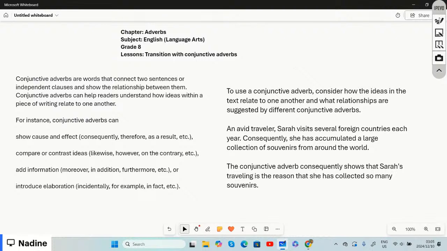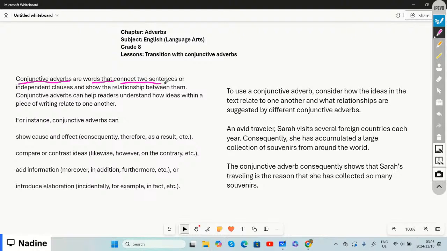All right. So when it comes to conjunctive adverbs, a conjunctive adverb is words that either connect two sentences or even connect independent clauses, and then it shows the relationship between them.